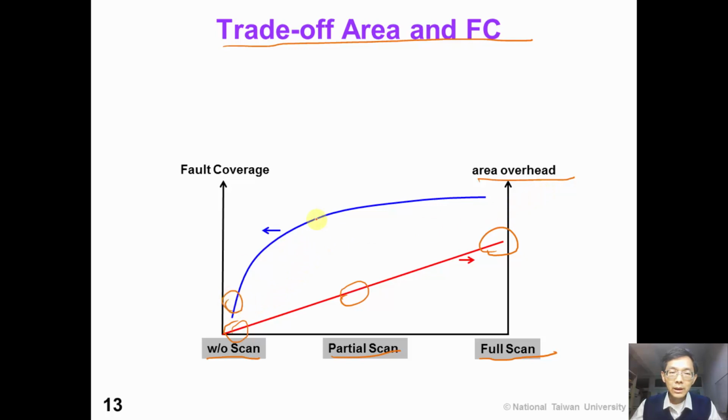On the other hand, the fault coverage also increases. So from this concept, we can see the trade-off between a non-scan design and the full scan design. And the partial scan design is somewhere in the middle.